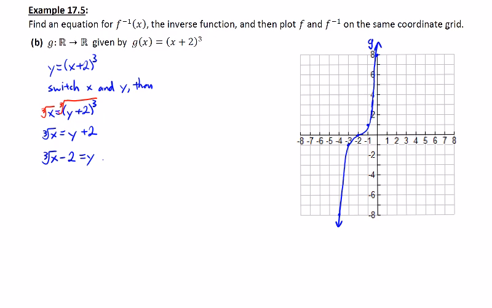And that's what we can now use to call G inverse of x. Now G inverse of x is a cube root function that's been shifted down by 2. So let me start here, down by 2, and let me recreate a cube root function best that I can.